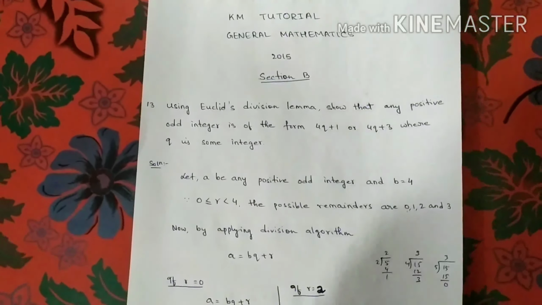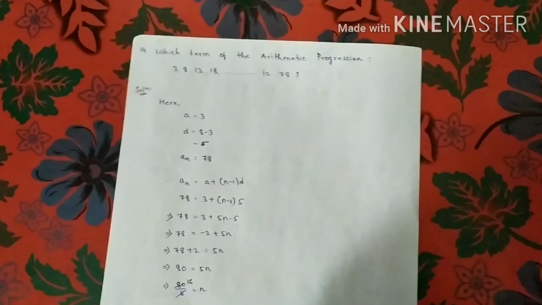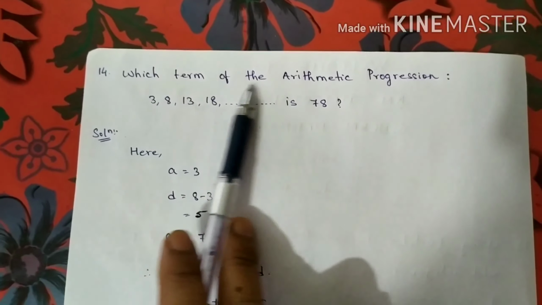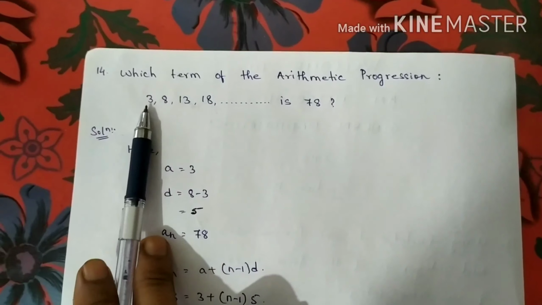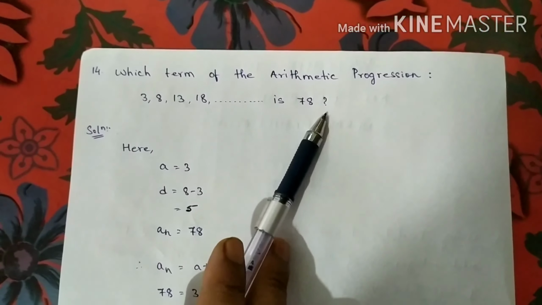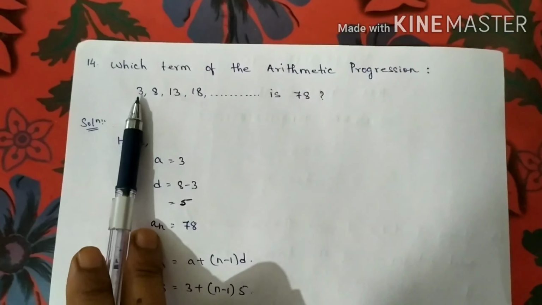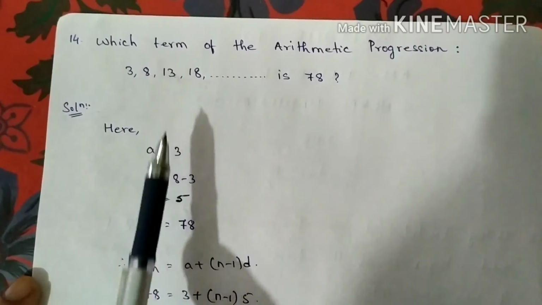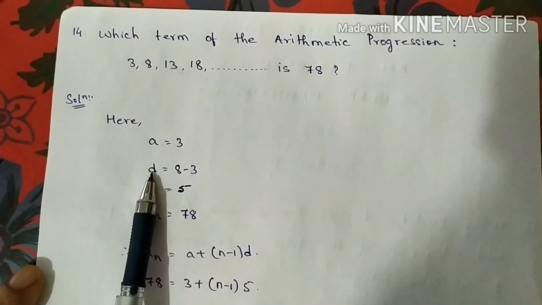Next, let us move to question number 14. Which term of the arithmetic progression 3, 8, 13, 18 ... is 78? See here, first term a is 3, common difference small d.